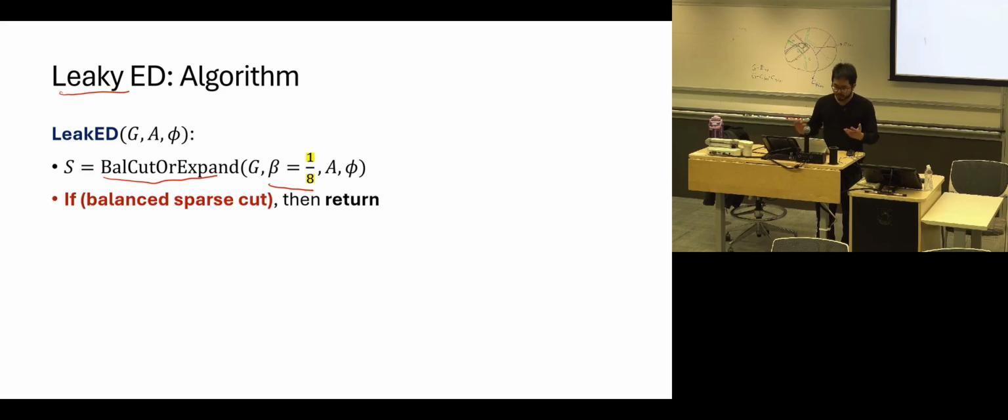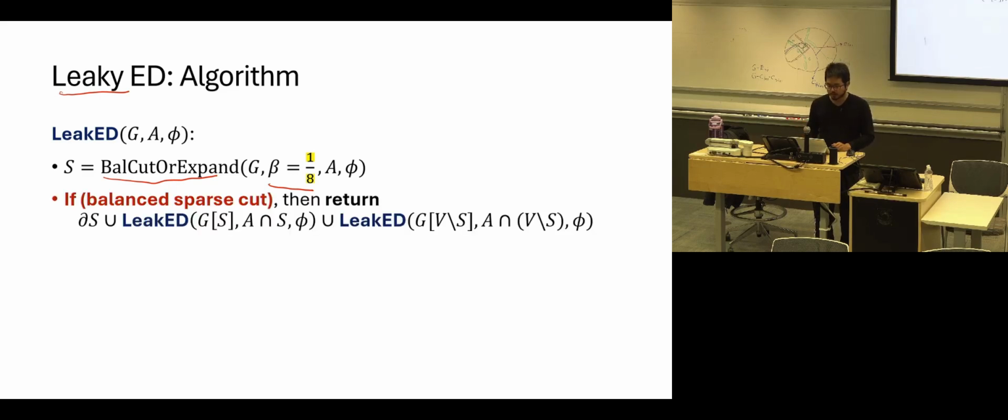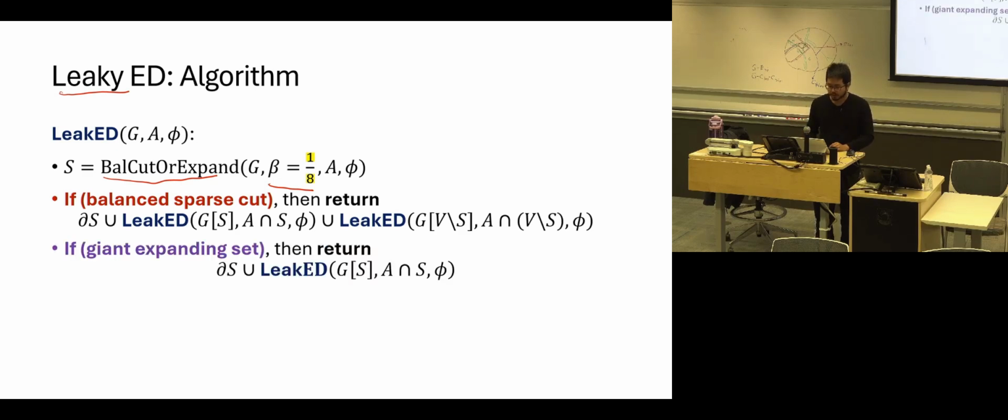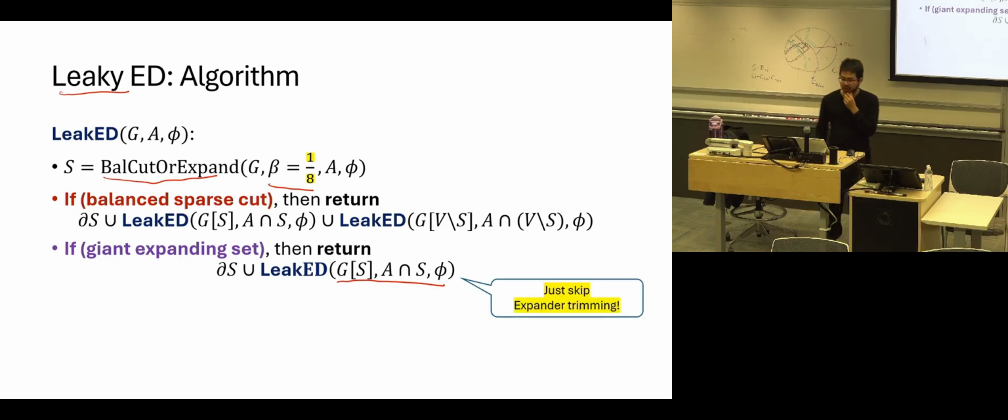And if I get a balanced cut, just recurse on both sides like before. If I get a giant expanding set, then I don't trim, I don't need to, and just recurse on the smaller side. Just skip expander trimming. And that makes total sense, right?